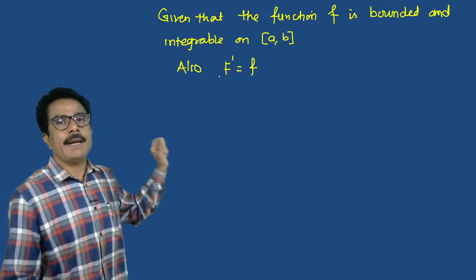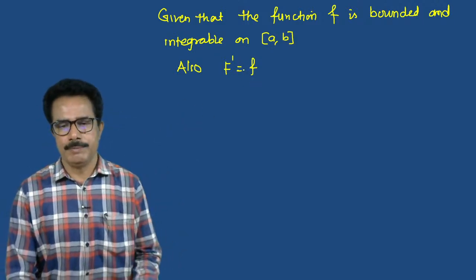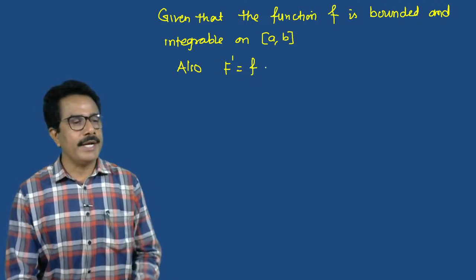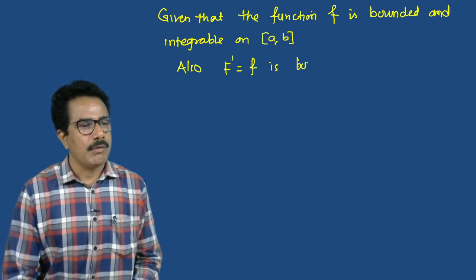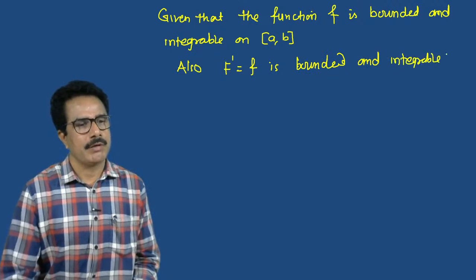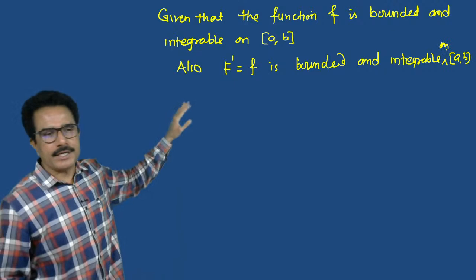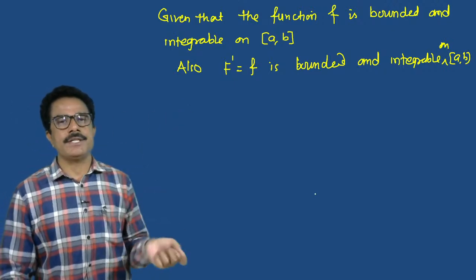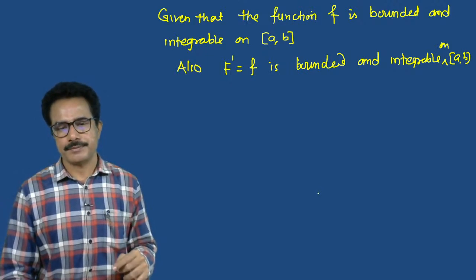This means capital F is also bounded and integrable on closed interval AB. See this, this is the condition we have given: F dash of x is equal to small f, which is bounded and integrable on closed interval AB.